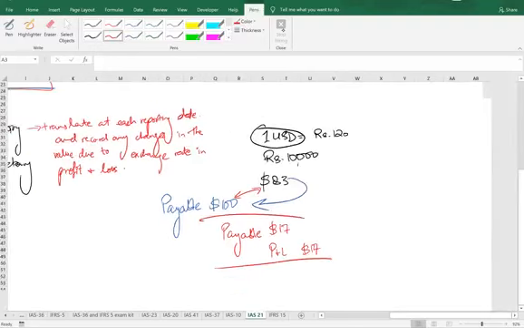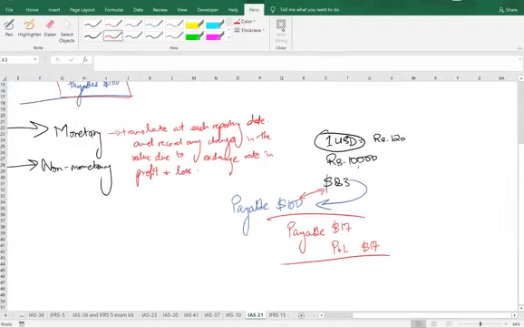So all monetary items are translated at year end at the reporting date exchange rate, and any changes as a result of the movement in exchange rate are taken to the P&L.